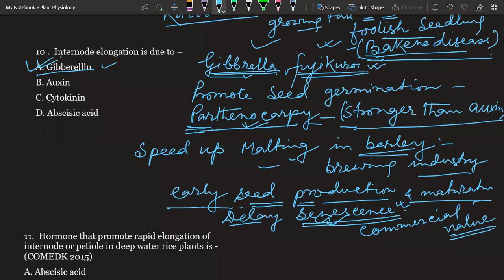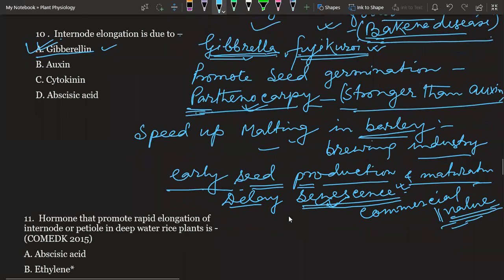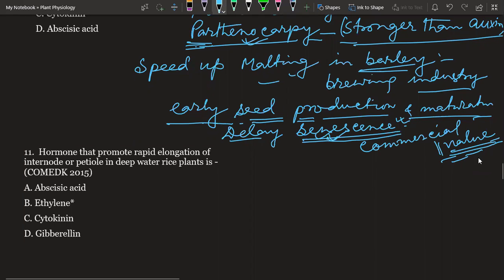If we can keep the fruit on the tree longer, its market value will be more. Otherwise all the fruit will come at a time and we have to sell it at a cheaper rate. So this helps by delaying senescence.